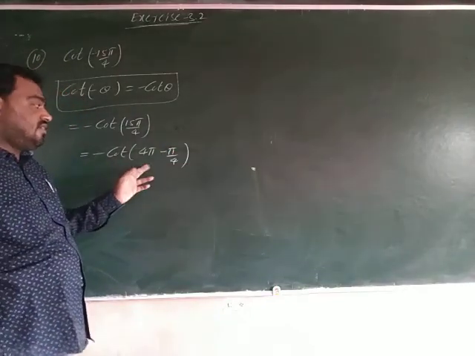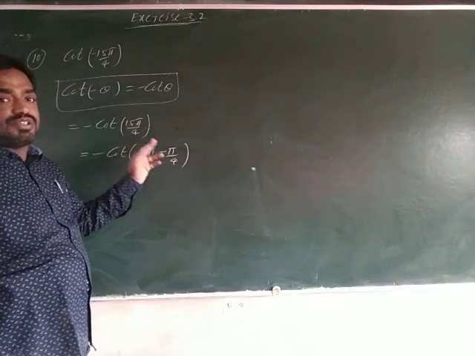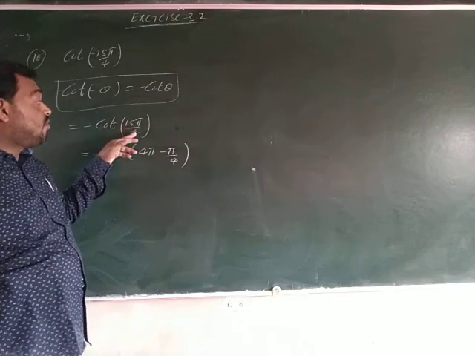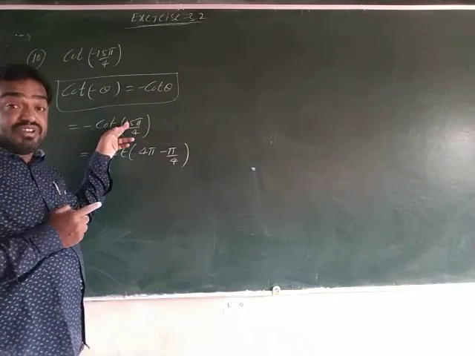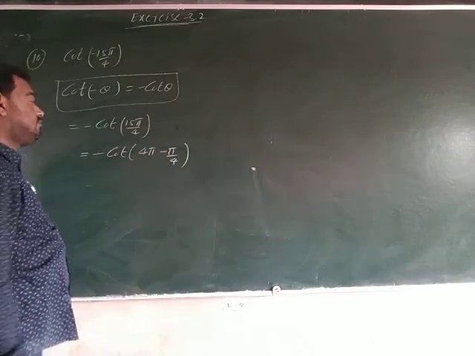To take the LCM, 4 4s are 16, 16 pi minus pi is 15 pi. How do I divide it? 4 4s are 16, but here 15 is there, so you subtract 1. That's it.